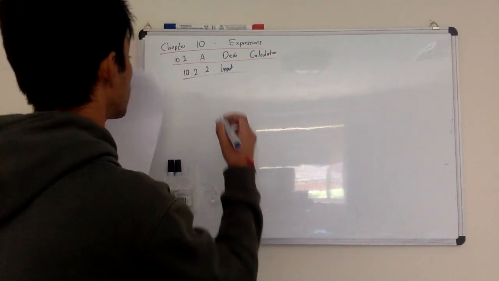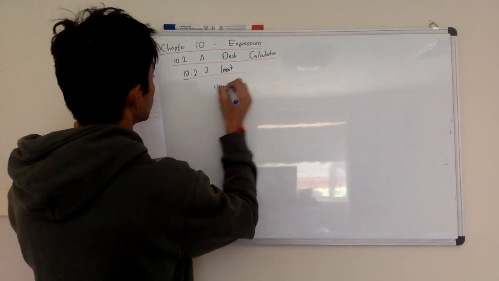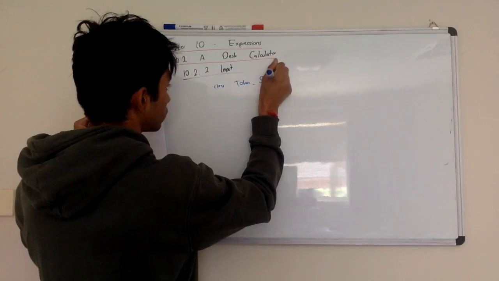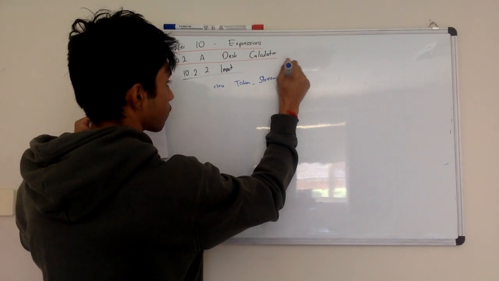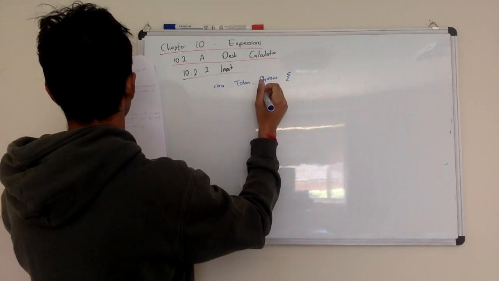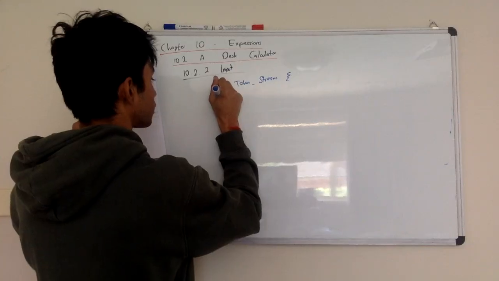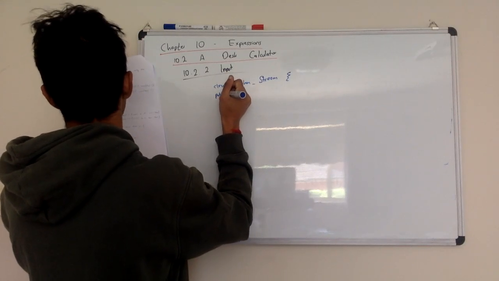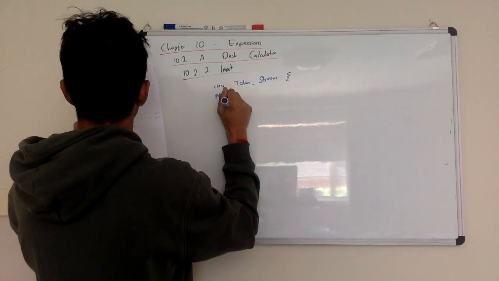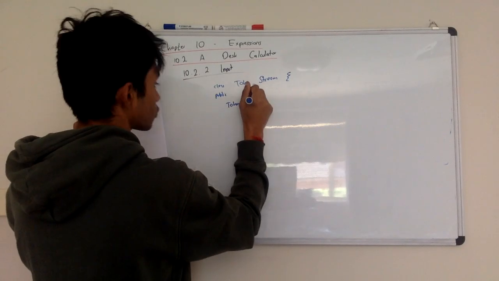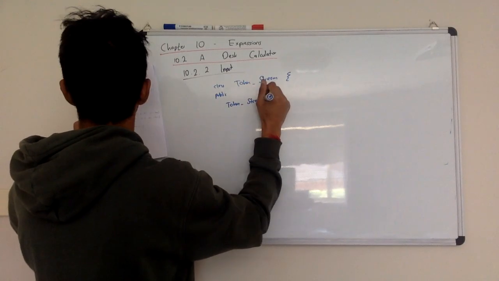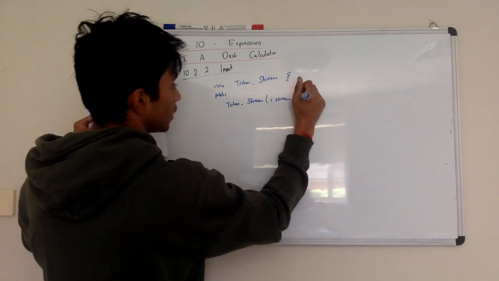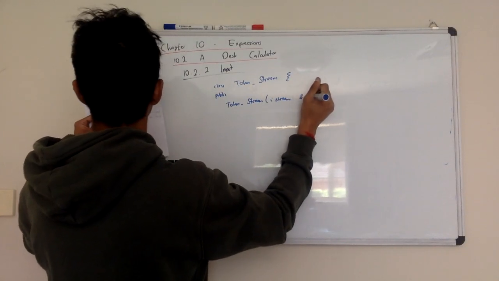So we have class token stream. In public, there's one extra thing we have to write in the public section, or two extra things. There's token stream, istream.